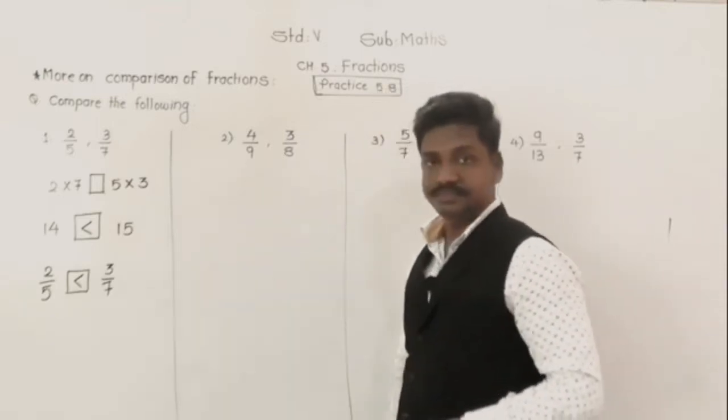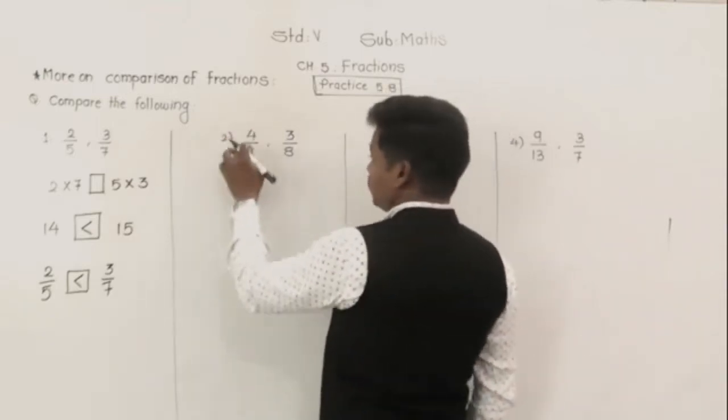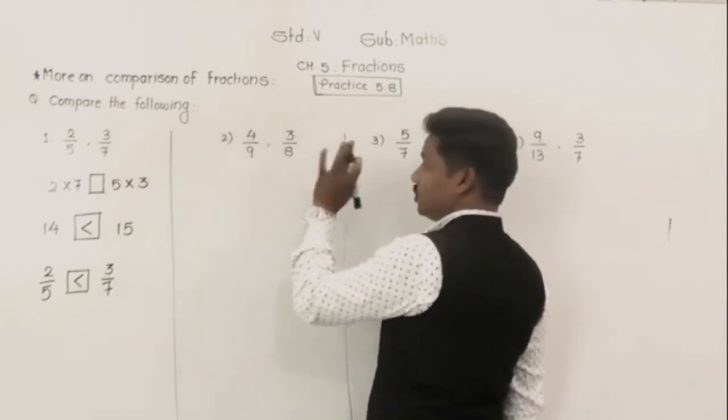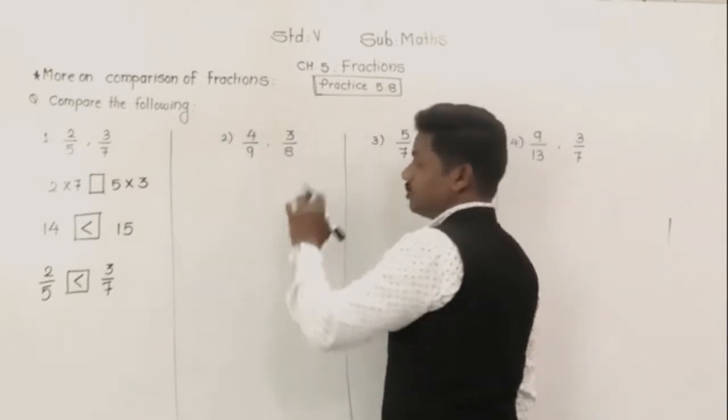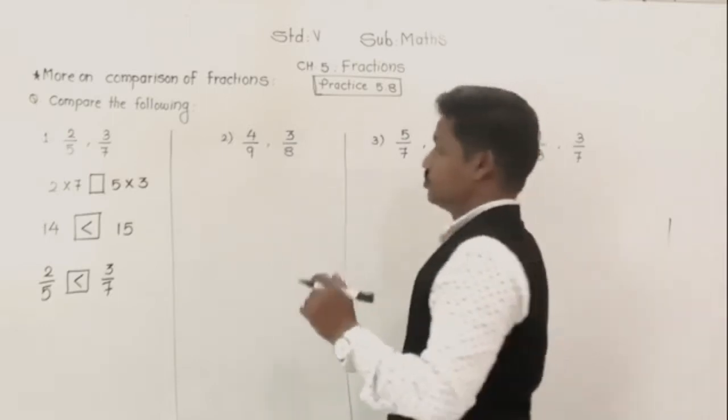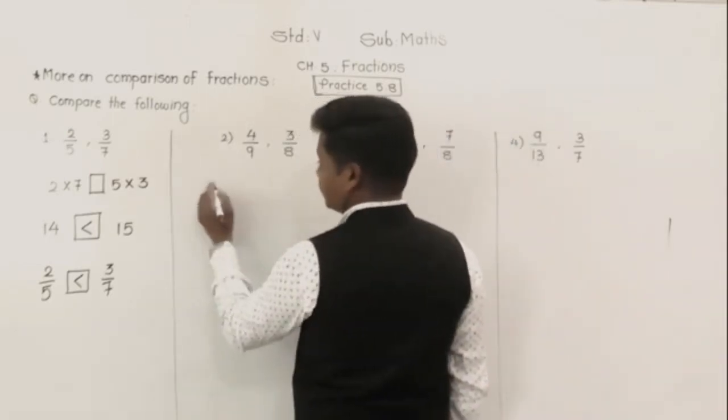Next, see here, 4 upon 9, 3 upon 8. Both the numerators and denominators are different. So let's use the cross multiplication method.